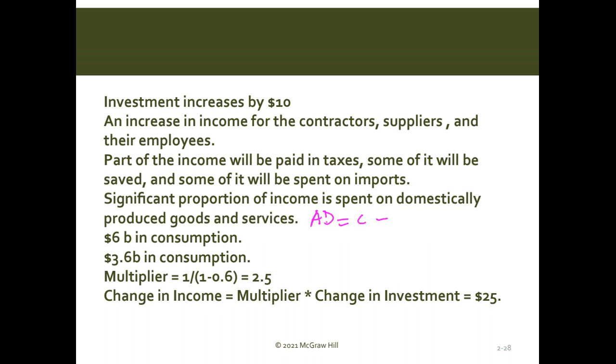Now investment increases initially by $10 billion. So aggregate demand, of course, will also increase by 10 billion. But this increase in 10 billion investment will increase consumption first by 6 billion, then 3.6 billion, then 60% of 3.6 billion. So it will continue. And this is an infinite series.